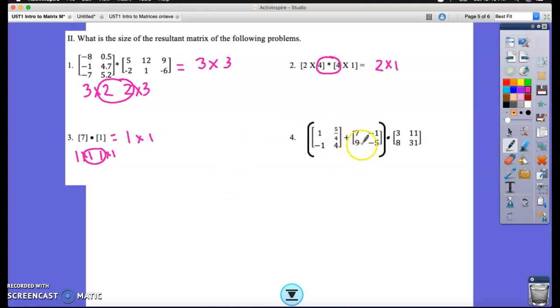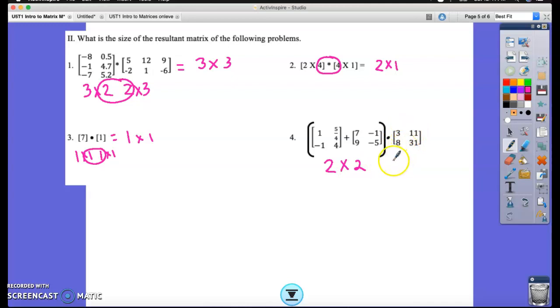And oh my goodness, what did I do to you here? This is just to kind of get you to think. Now, these here are parentheses, different than a bracket. A bracket has those nice, really 90-degree angle kind of things. Now, if I add a 2 by 2 and a 2 by 2, the resultant will be a 2 by 2.